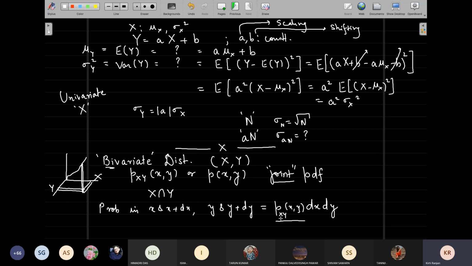Now, what properties will this PDF obey? What properties should Pxy obey? One, that it should lie between 0 and 1, just like what the PDF does. And what will be the normalization condition for this Pxy?